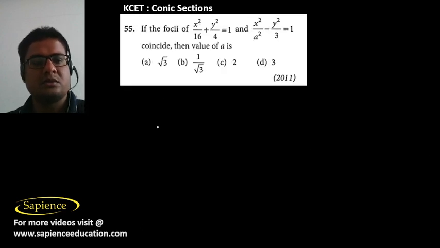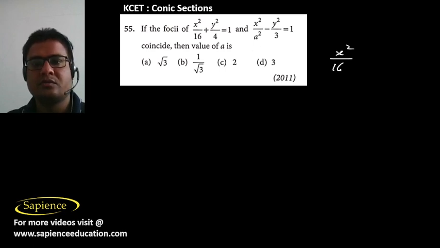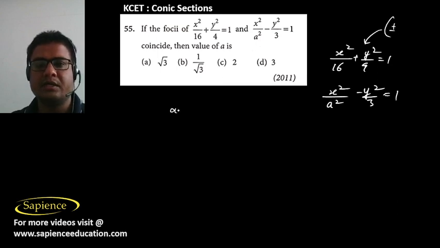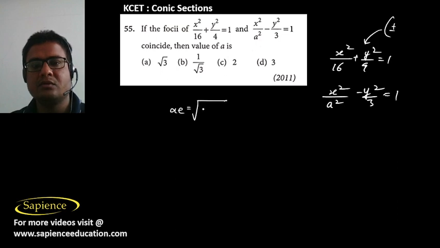Then here it is told, if the foci of x square by 16 plus y square by 4 equal to 1, and x square by a square minus y square by 3 equal to 1, coincide. So the foci of the first are plus minus ae comma 0, where ae is square root of a square minus b square.